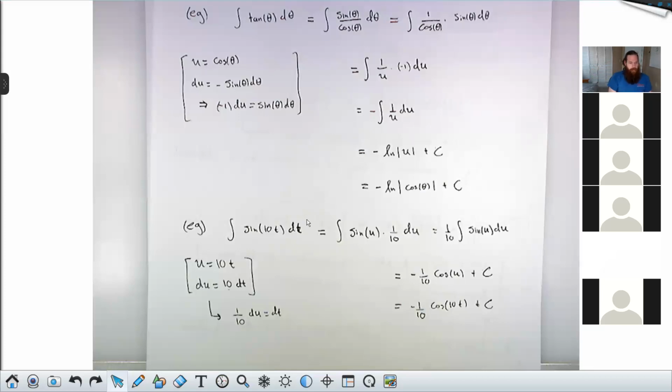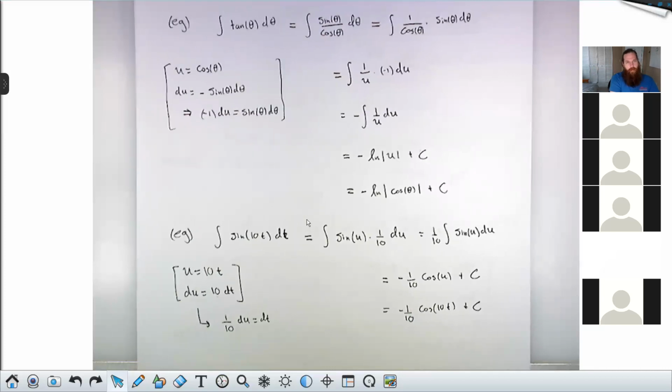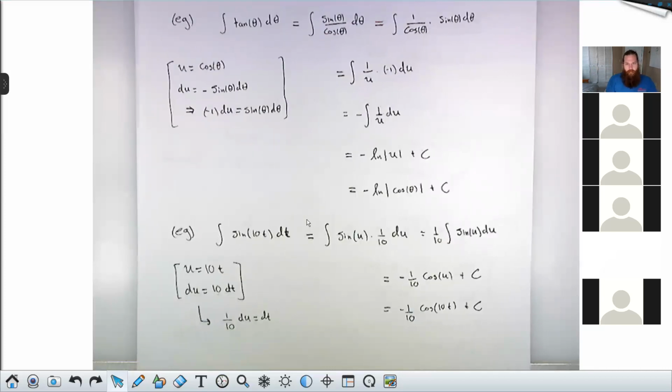So these are some indefinite integrals done with substitution. We can do maybe one more like this, and then I'm going to show you some definite integrals. Questions on these examples before I move away from them? Is it clear what we're doing and why we're doing it?